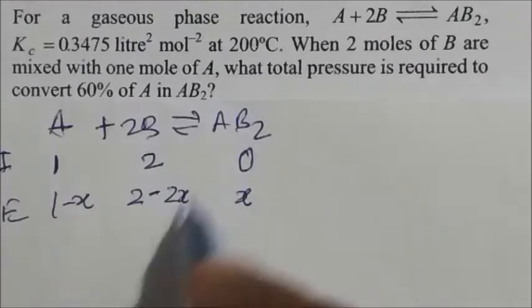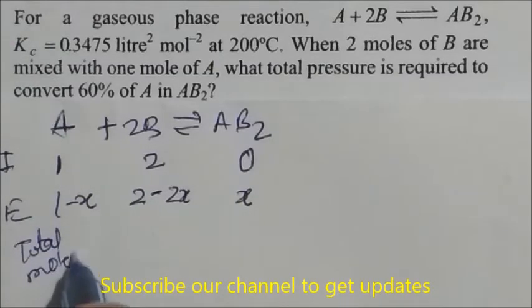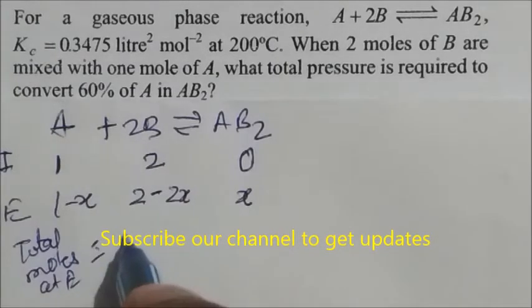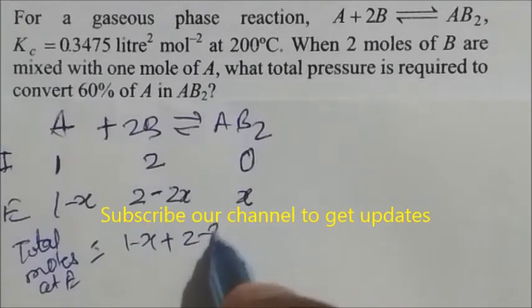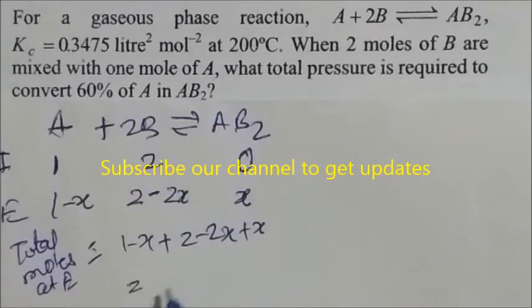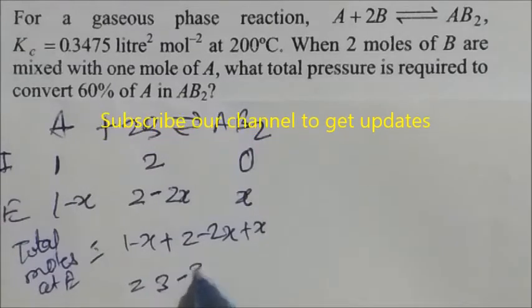What will be the total moles at equilibrium? It will be 1 minus x plus 2 minus 2x plus x. On solving, you will get 2 plus 1, 3 minus x, as the total moles.